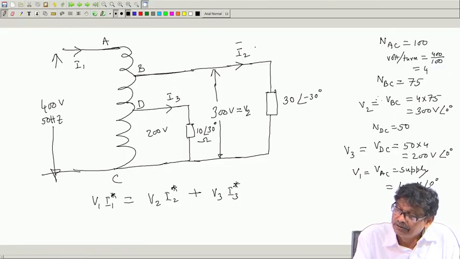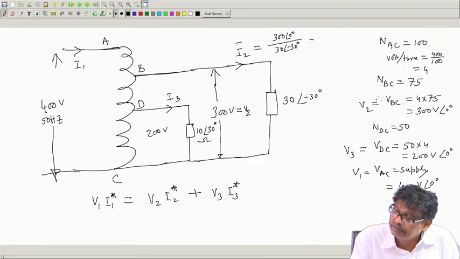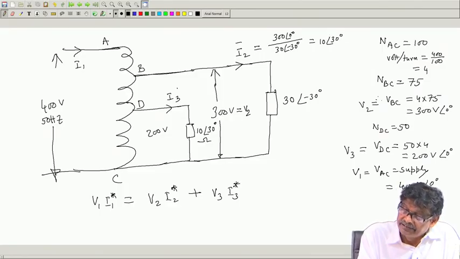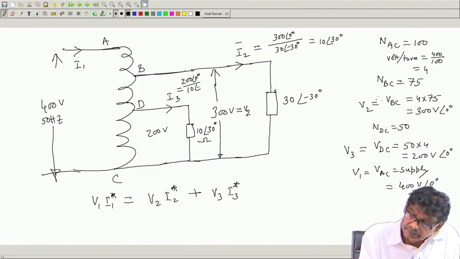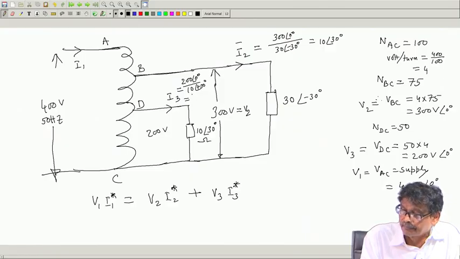What will be I_2? I_2 will be V_2, that is 300 angle 0 degree divided by 30 angle minus 30, it is capacitive loading, and this will come out to be 10 angle plus 30 degree. And I_3 will become 200 angle 0 degree divided by 10 angle plus 30, which will become 20 angle minus 30.